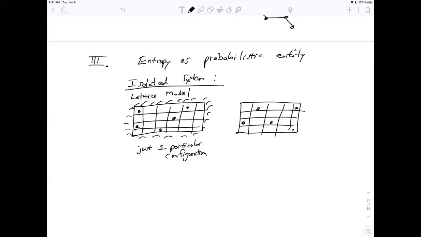Where should we put the 5? 5. Okay. So both of these systems are consistent with U. The number of lattice sites hasn't changed. The system size hasn't changed. U is the same. But these are just two different exemplary configurations of the system.